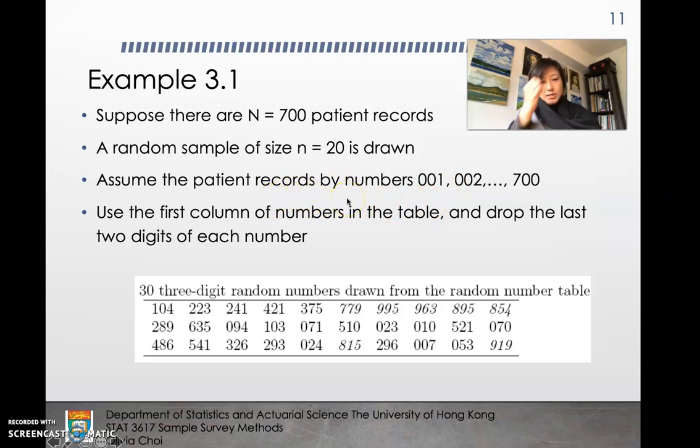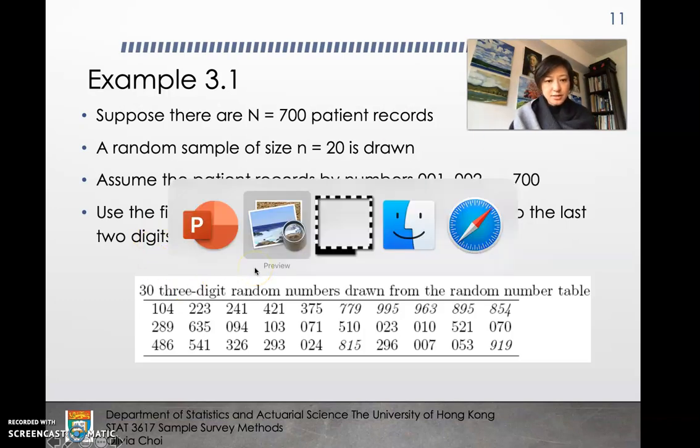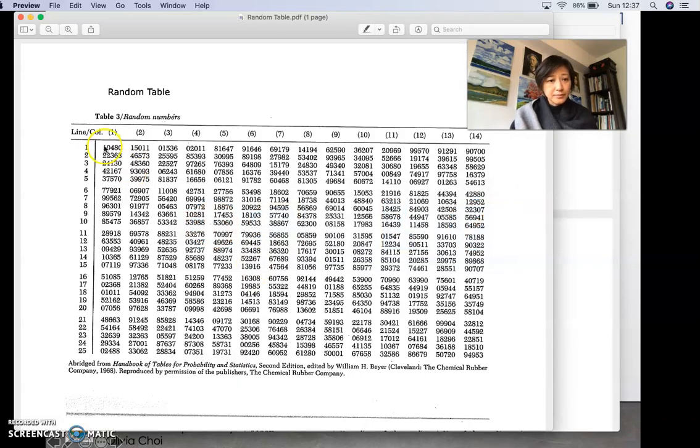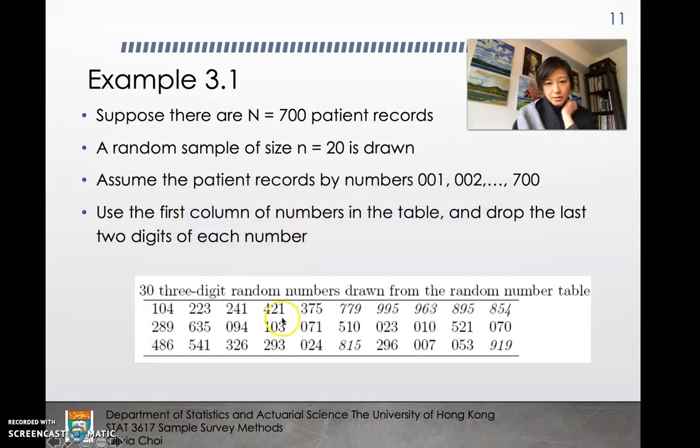So we can try to generate the random number from the random table. Let's take 3 digits from the table, randomly chosen. Let's take the first column. So the first 3 digits: 104, 223, 241, etc. So we can take up to 20 of them. But if you look at some of the random numbers, some of them are greater than 700.